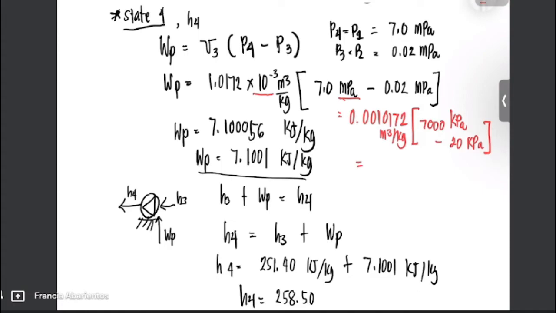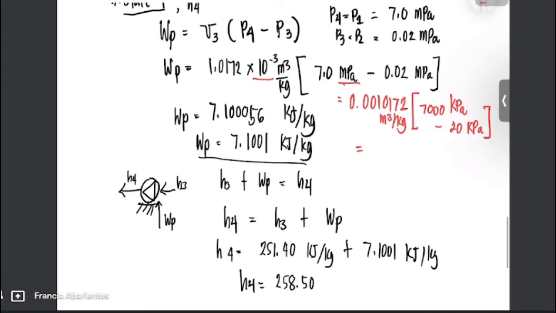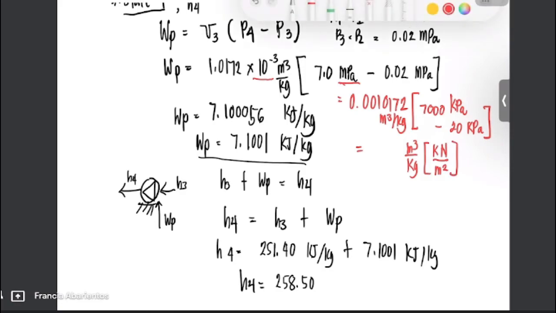Ano matitira dito? Sige nga. In your calculator. Kasi ang matitira dyan sa'yo dapat is yung kilopascal natin is kilonewton per meter squared. So, kakancel yan.